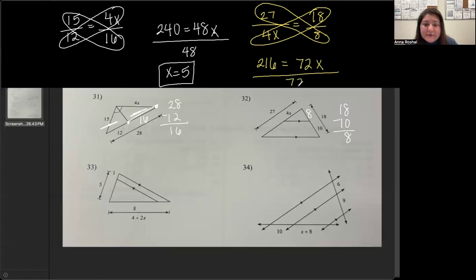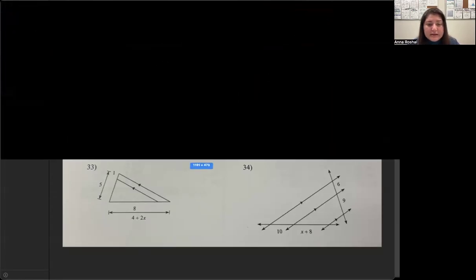And then I'm going to divide both sides by 72. So 216 divided by 72 is 3. So x is 3. Again, I don't need to do anything else after that. I'm going to go ahead and create this little bracket or, well, I guess little covering.